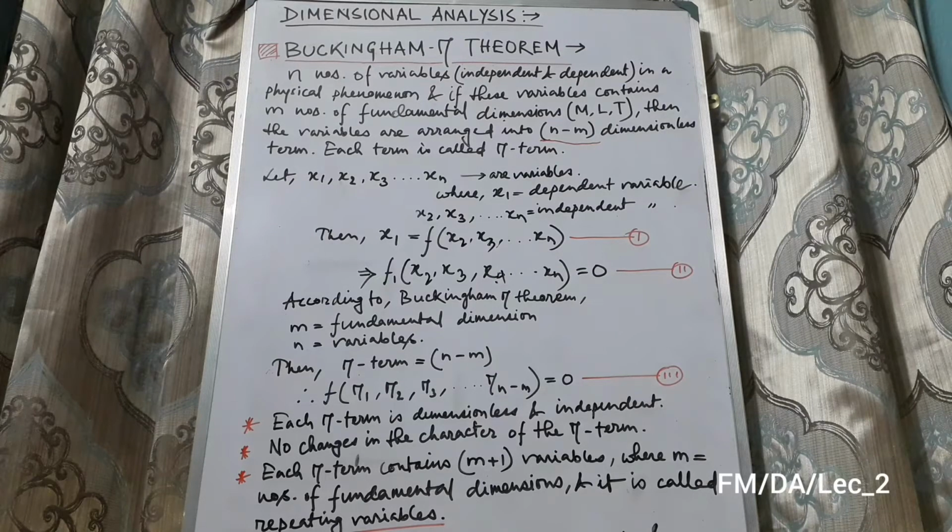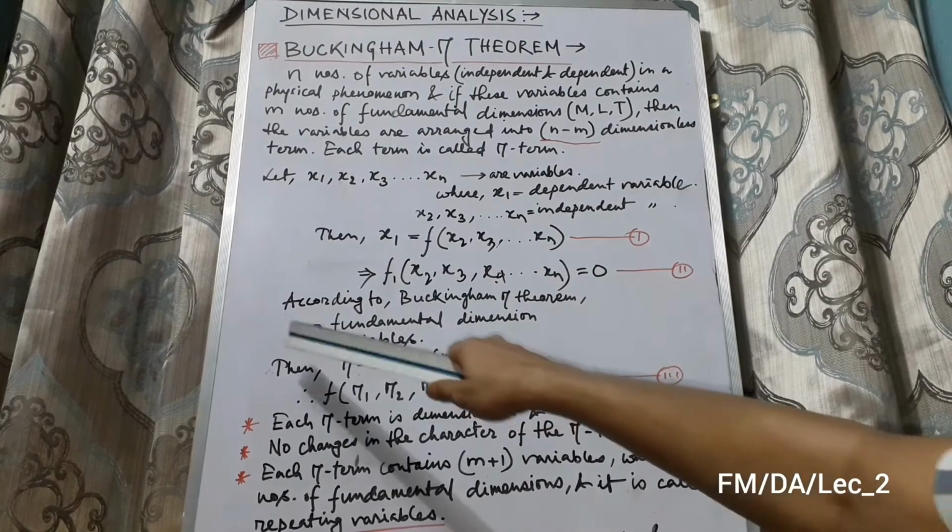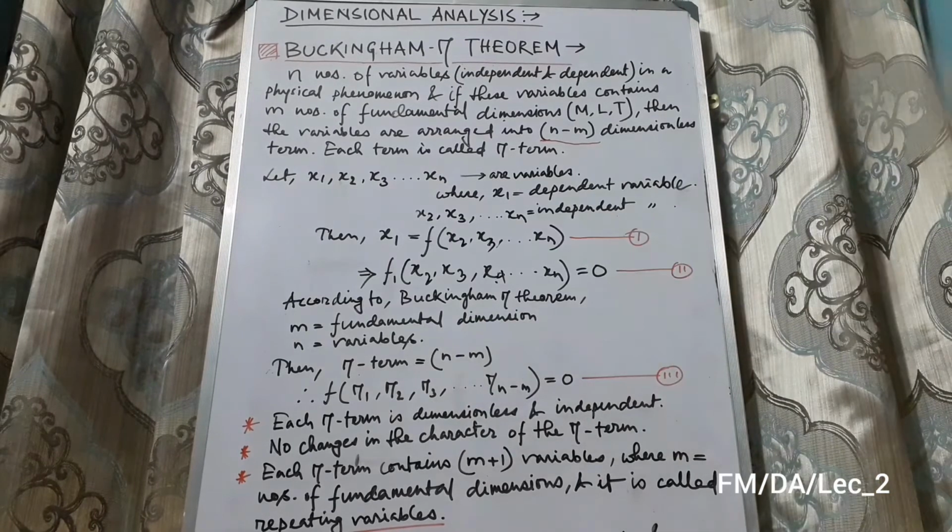Now according to Buckingham Pi theorem, the fundamental fixed dimensions, that is MLT, are represented here by m, the number of fundamental dimensions, and n is the total number of variables involved in a physical problem.